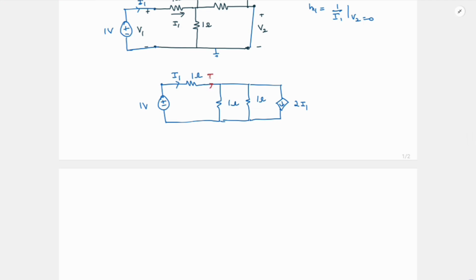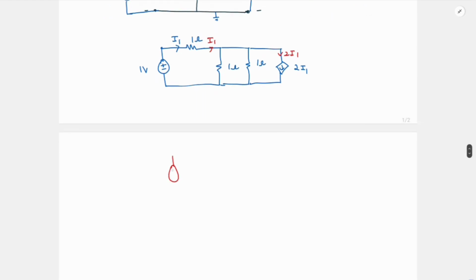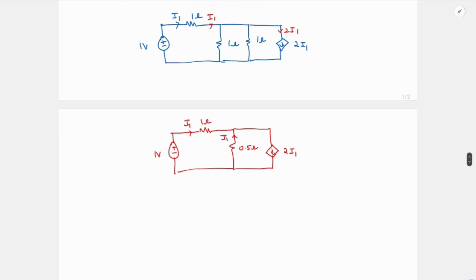Here I1 is coming and here there is 2 I1. So the rest of the I1 current should come from this 1 ohm in parallel with 1 ohm. So this is 1 volt, this is 1 ohm, and this I can write together as 0.5 ohm, and this is 2 I1, this is I1 and this is also going to be I1. That's what we saw, right?